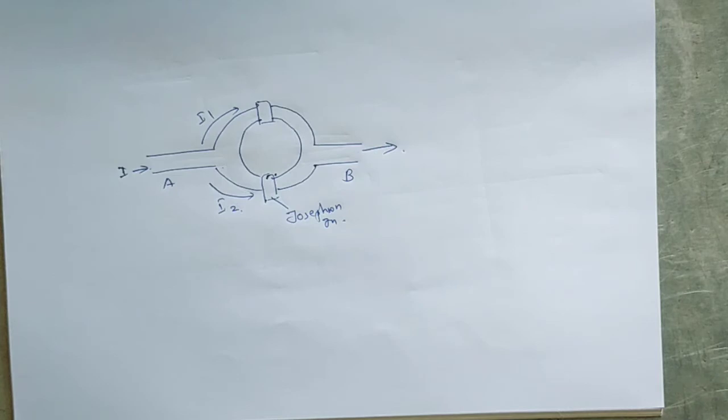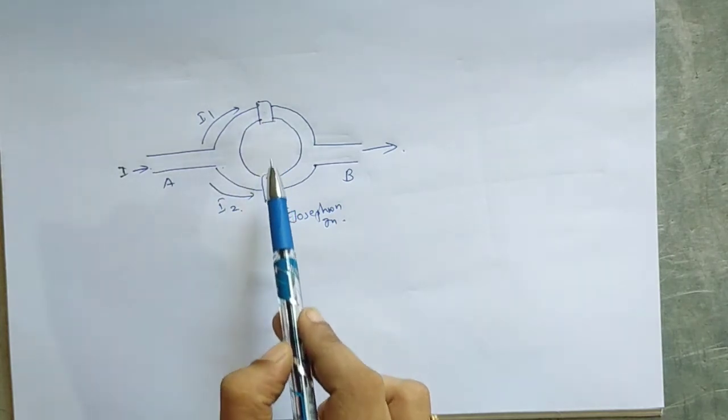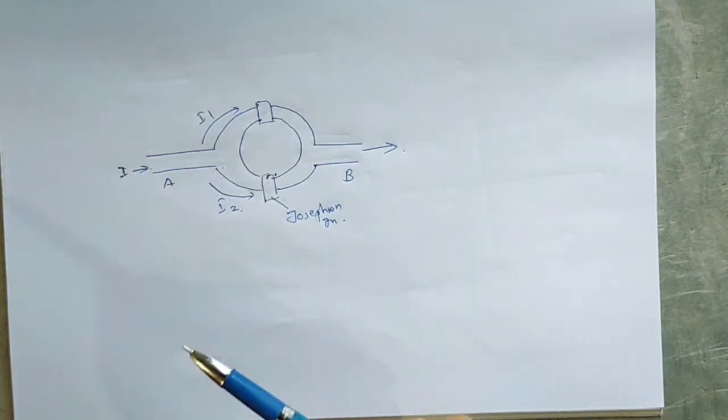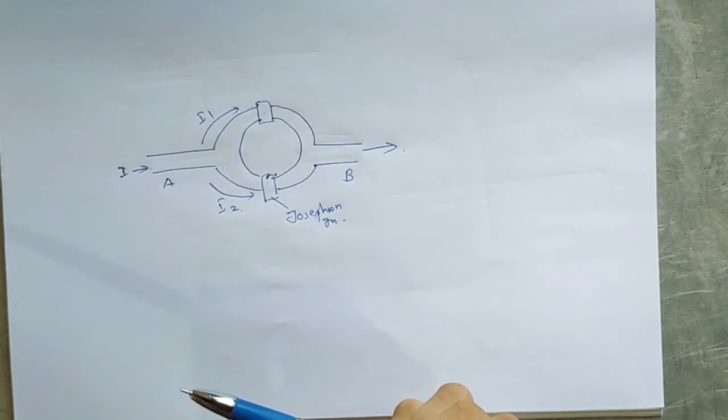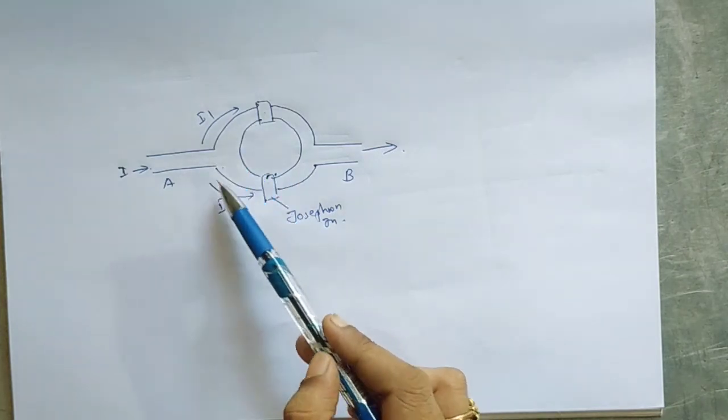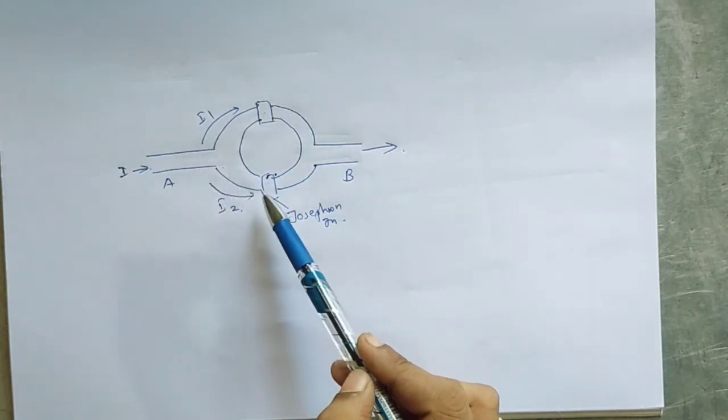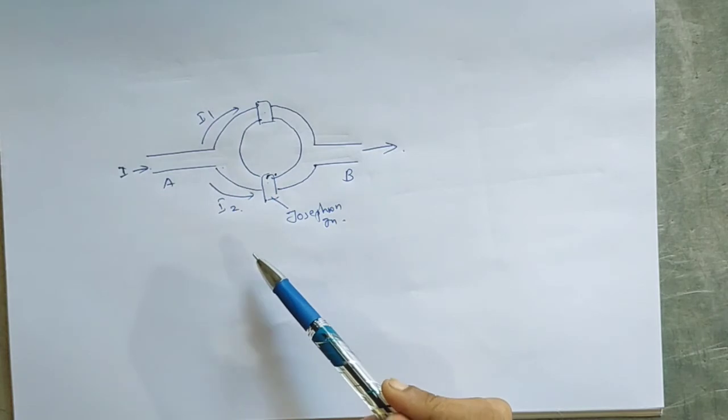According to this effect, if we apply a DC magnetic field through a superconducting circuit containing two Josephson junctions, there is the possibility of the maximum supercurrent flow due to the interference effect.